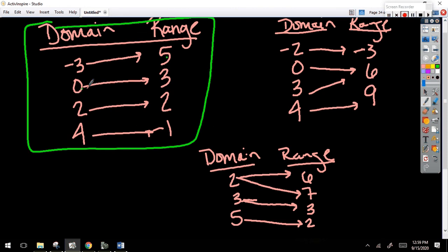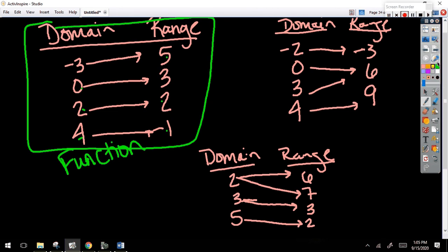Negative 3 and 5, 0 and 3, 2 and 2, 4 and 1. Right? Every X only has one Y. That means this is a function, because every input only has one output, or every X only has one Y. Okay?